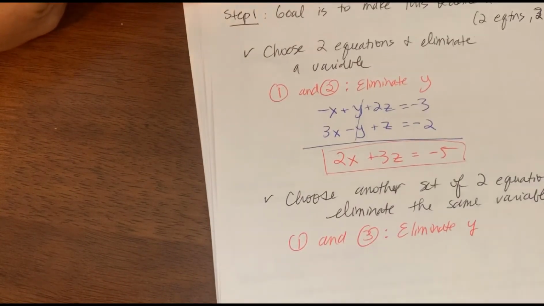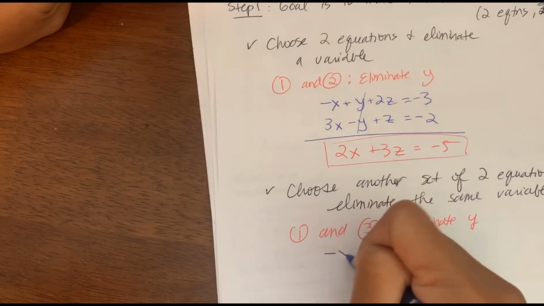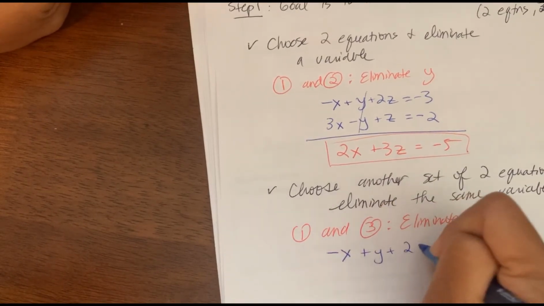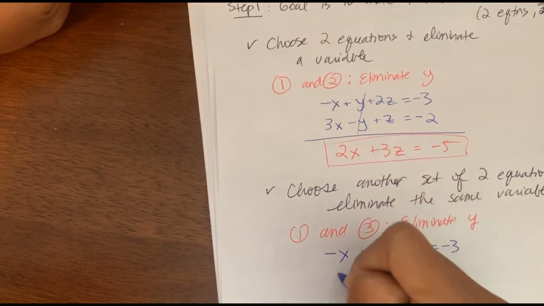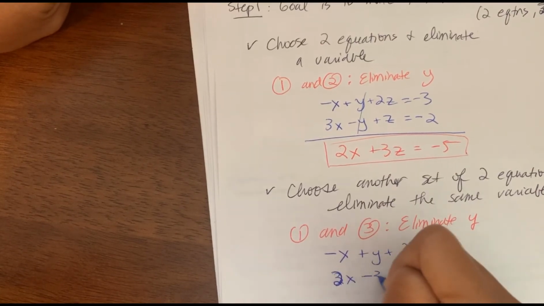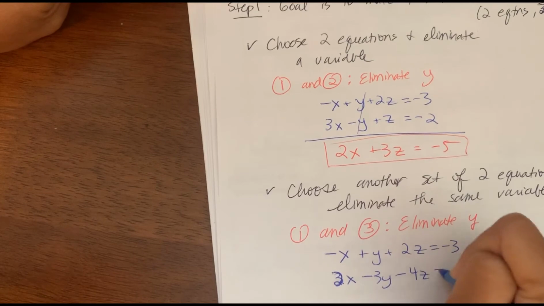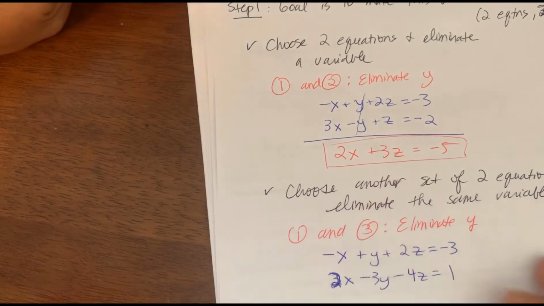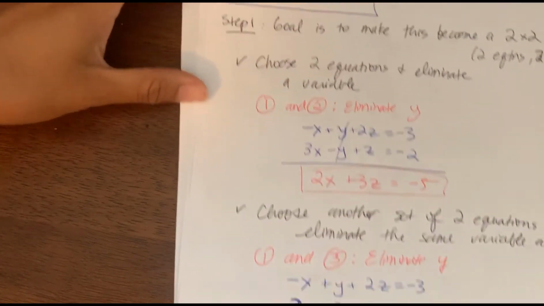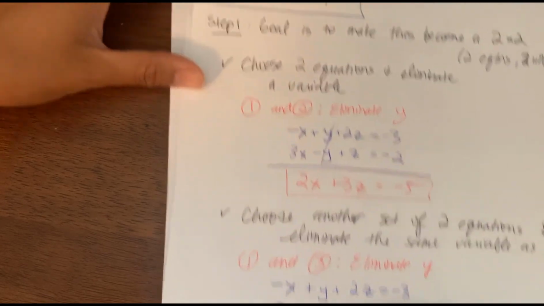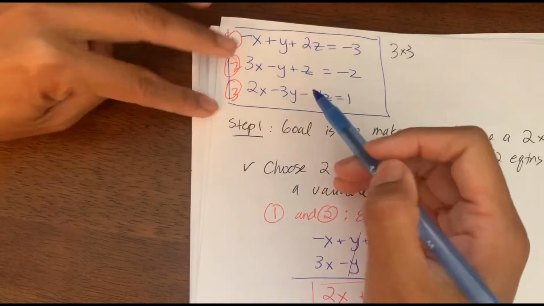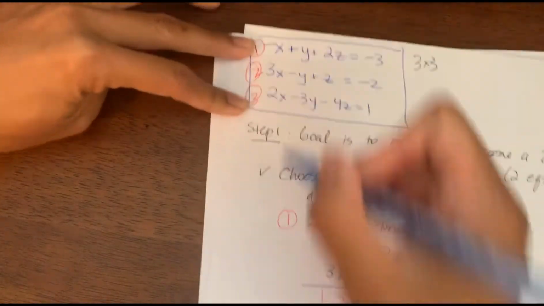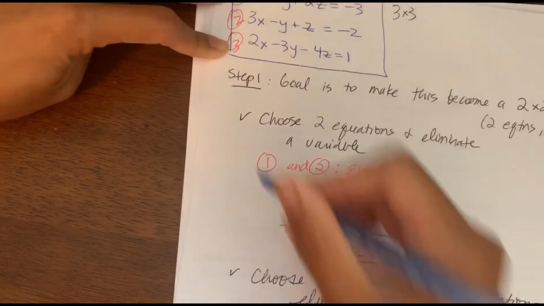So I'm going to rewrite equation 1, and I'm going to rewrite equation 3. Oops, it's 2x minus 3y minus 4z is equal to 1. Just letting you know, it's a really easy, common human error when you're rewriting things to write the wrong number or put the wrong sign.